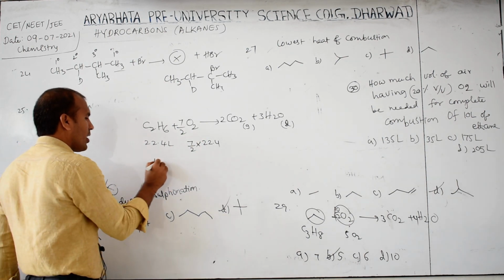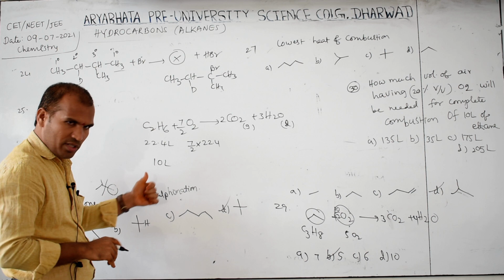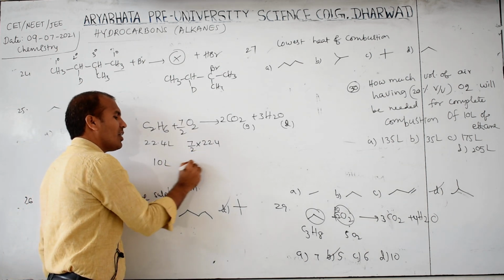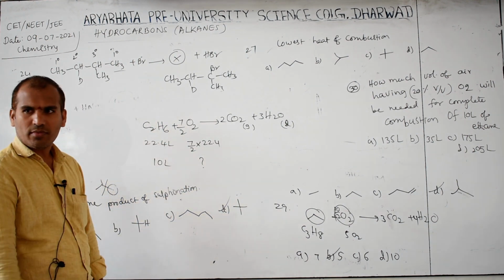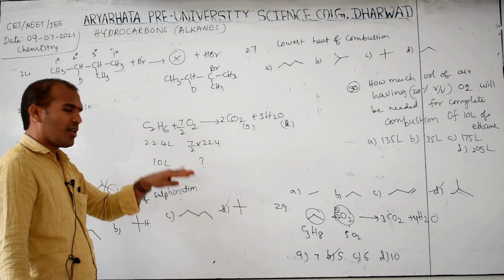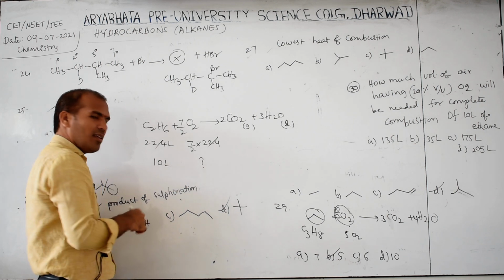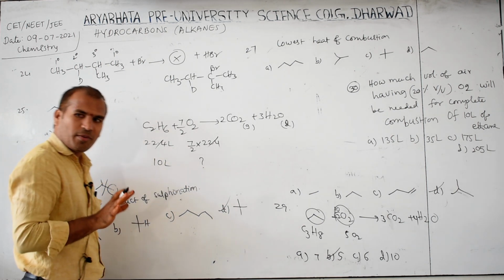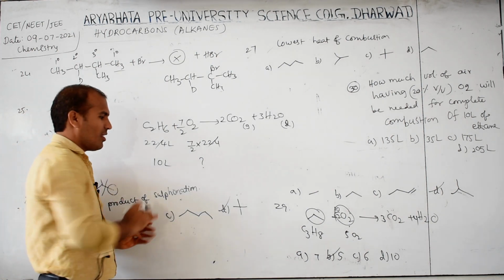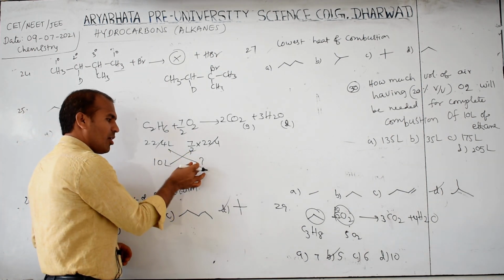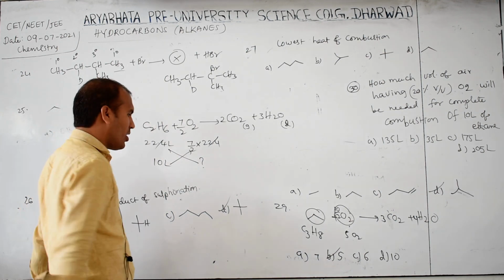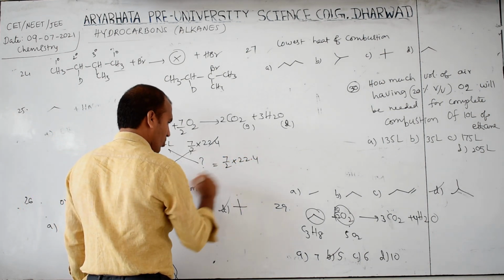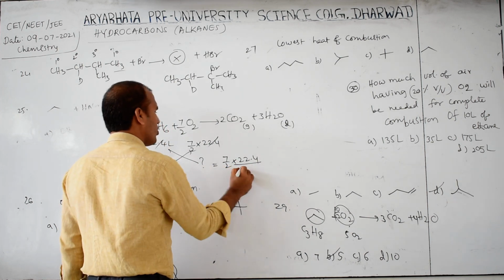They gave how much here? 10 liters given in the question. For 22.4 liters, this much is required. For 10 liters, required how much? Got the point? Then cross multiply. Opposite the question mark should be the denominator, so I write 7 by 2 into 22.4 over 22.4.